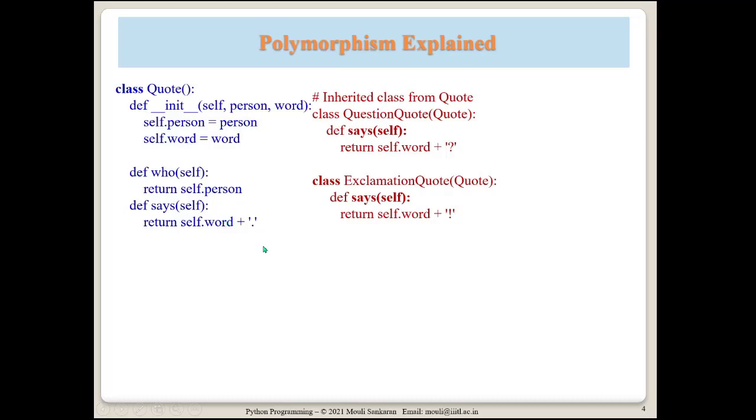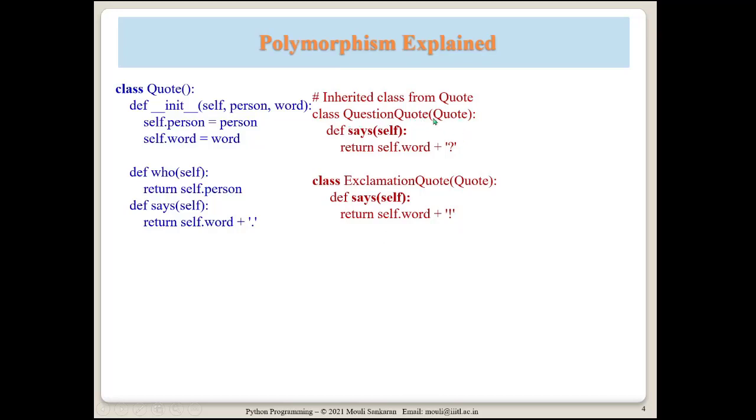Now we have these two object attributes: the name of the person and the words he or she utters. And there are two functions, who and says, which talk about the person's name and the way he or she is expressing himself or herself.